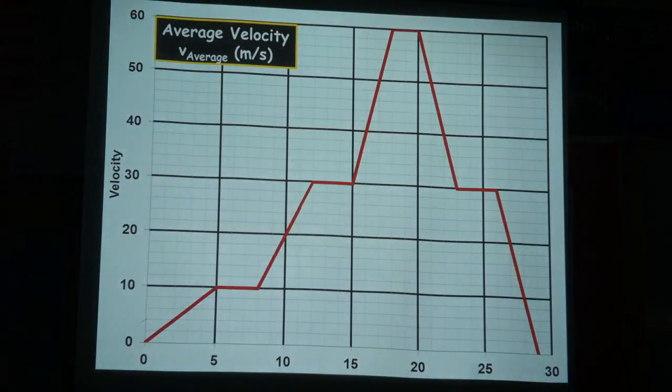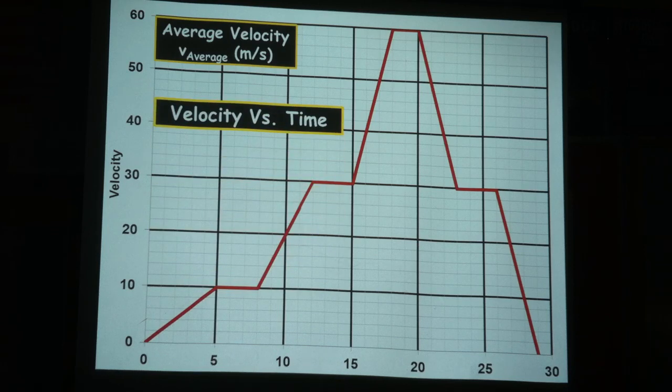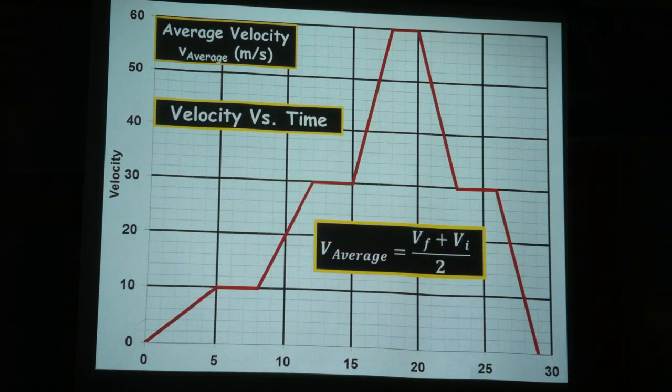Next, we're going to look at average velocity. Given a velocity time graph, let's find out what the average velocity is for each segment, and only each segment. Okay? So, on a velocity time graph, the average velocity is the initial velocity plus the final velocity divided by 2.